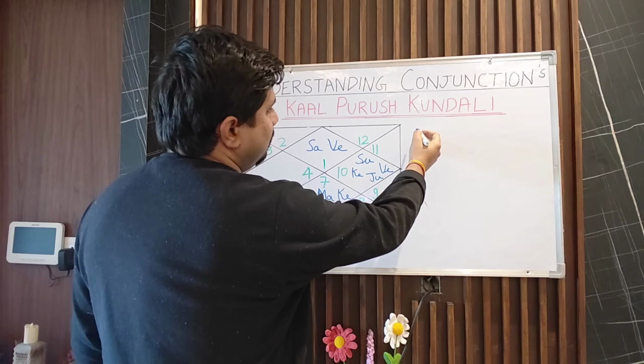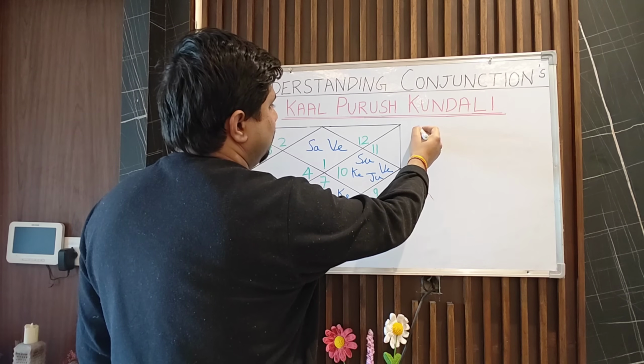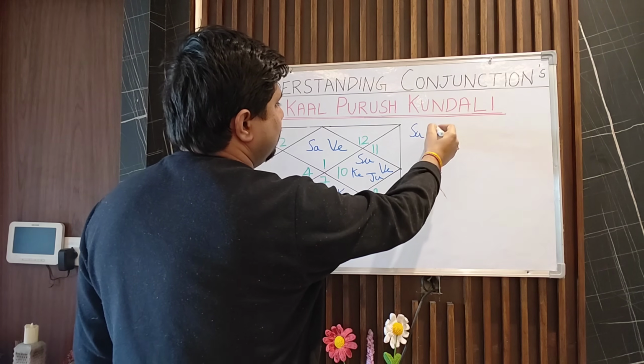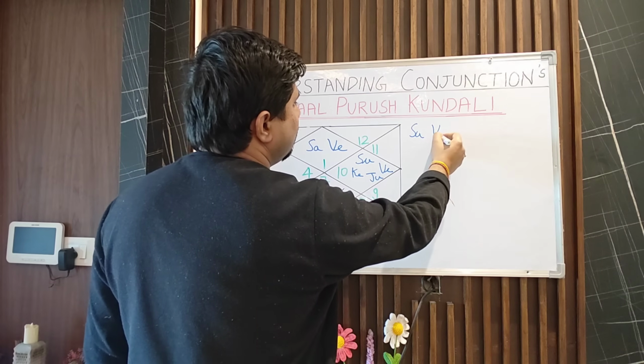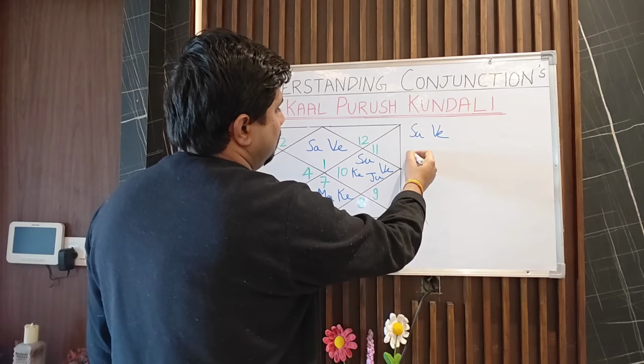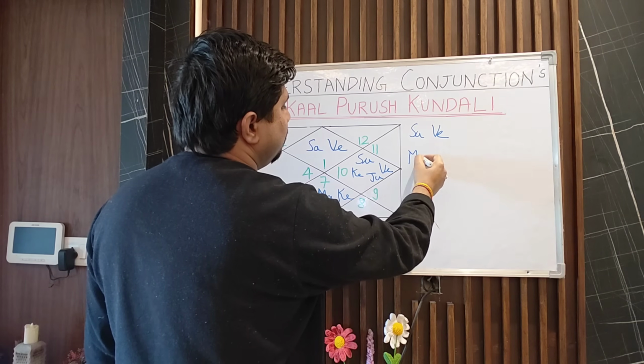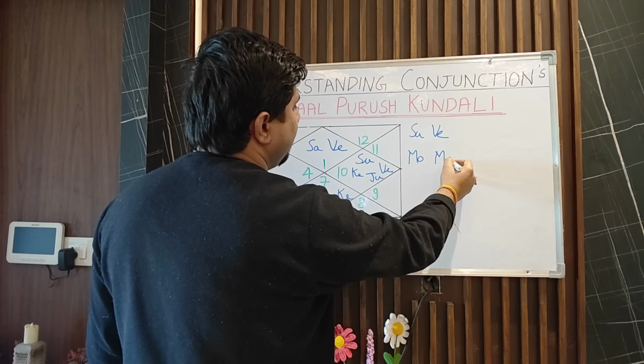Let me take the first very classic example of the Sun and Venus conjunction in one house. Maybe a Moon and Mars conjunction in the horoscope.